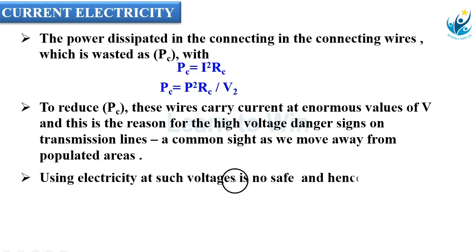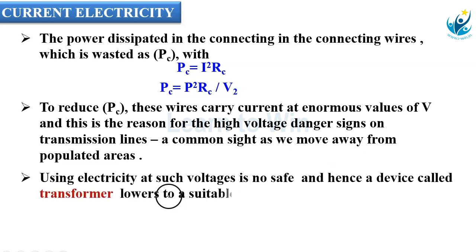Using electricity at such voltage is not safe, and hence a device called a transformer lowers it to a suitable voltage for us.